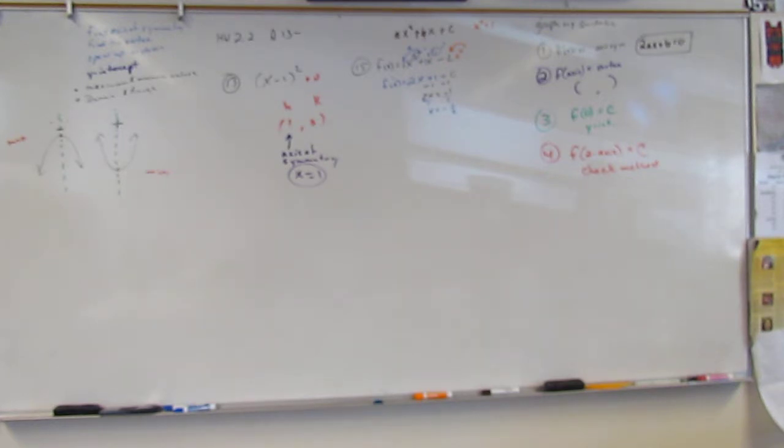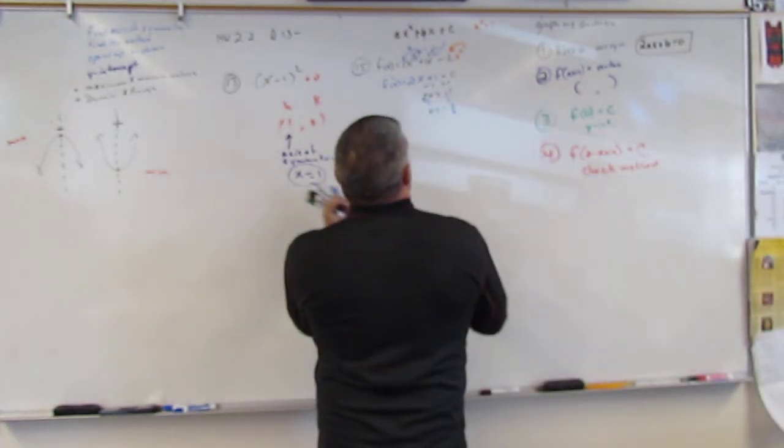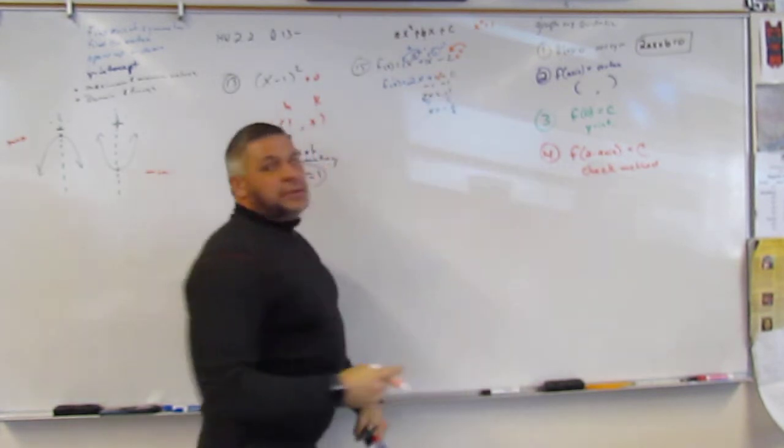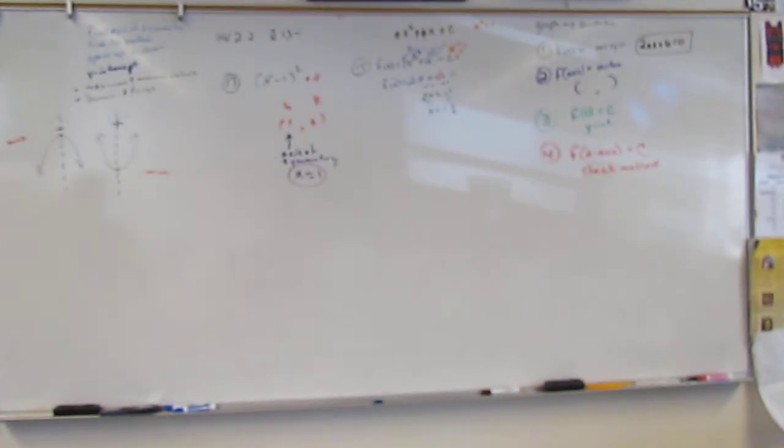We took 1 away from 1 and got none, right? So this became x to the 0 right here, which is 1, and 1 times 1 is 1. So that's what happened to the x. Oh, okay. Right? Good question.